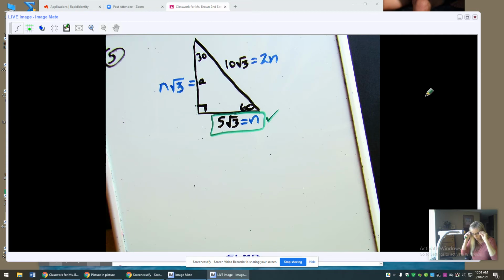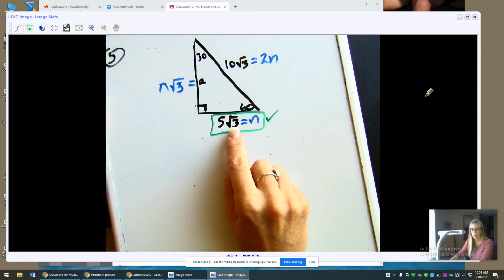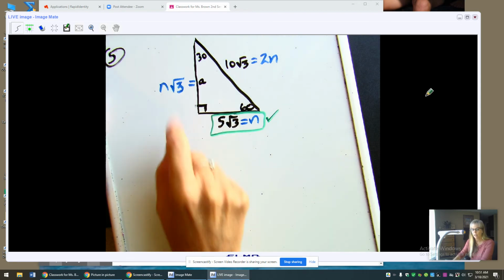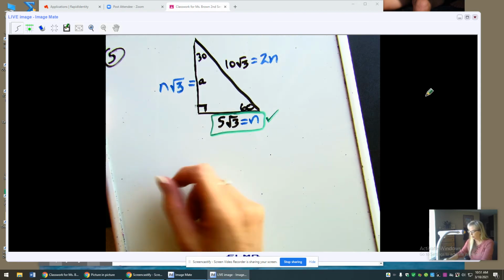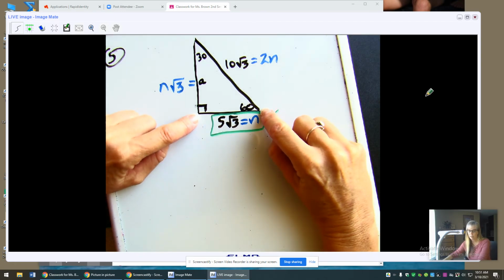Now let's stop here and say, hold on. If this is bothering you a little, and maybe it should, students will say, Miss Brown, I don't understand why the square root of 3 is at the short leg, because the square root of 3 should be at the long leg. Please listen. 5 times the square root of 3 is a measurement of distance, from the 90 degree to the 60 degree angle.